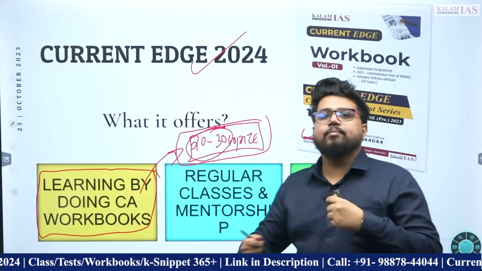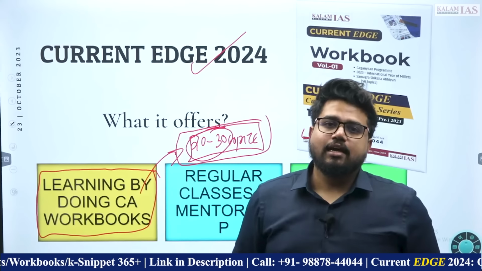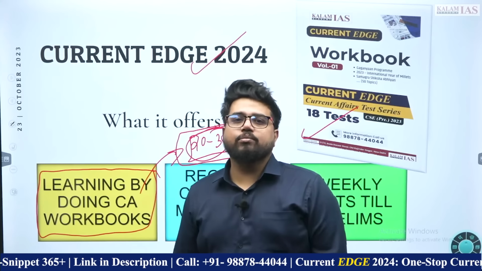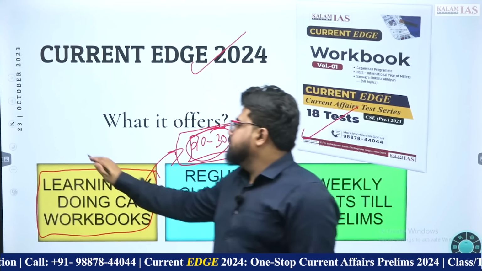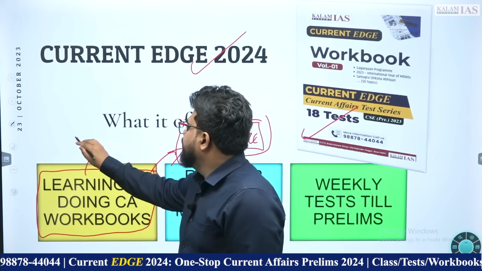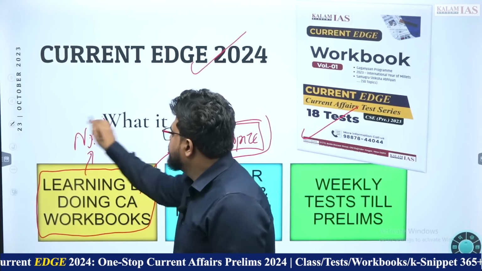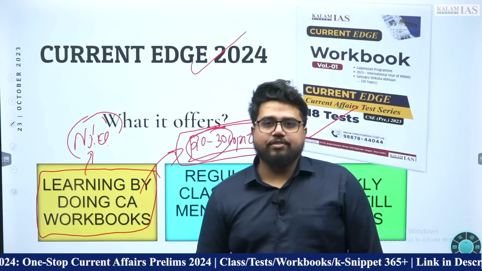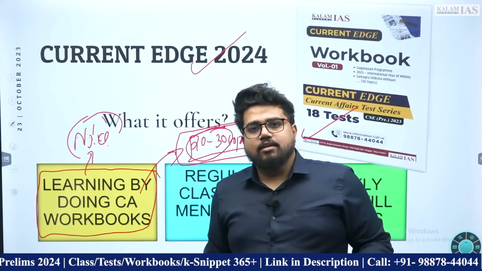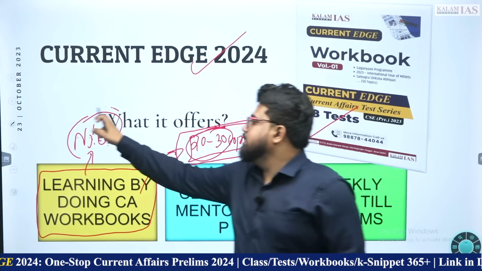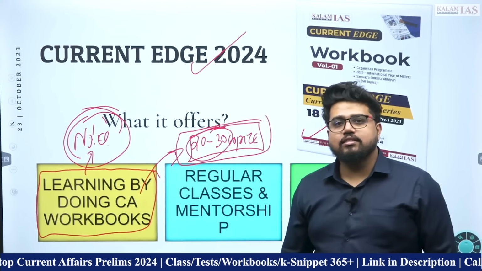This exercise to some extent we will do in the class, and you can take the notes within the workbooks itself. So every day if you continue this exercise, this can provide you a single point, your own personalized notes for prelims current affairs. You don't need to depend on any other compilations. Your own material will act as a single point of notes for current affairs.